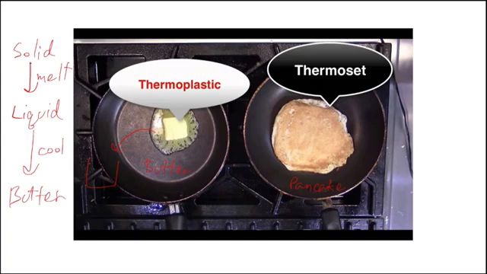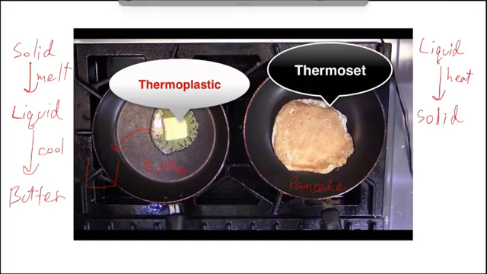And how about the thermoset, like the pancake? The origin of the pancake is the starch mixed with eggs and water in the liquid state. And after that, you fry them, you heat them up, it will be cooked and change from the liquid into the solid. And after that, it has already got the shape.